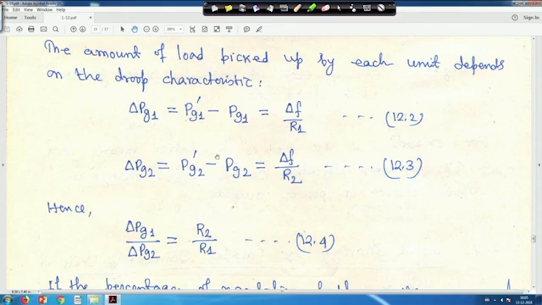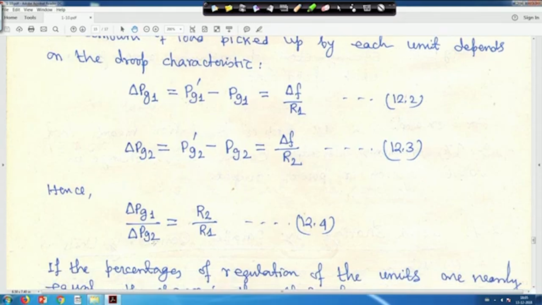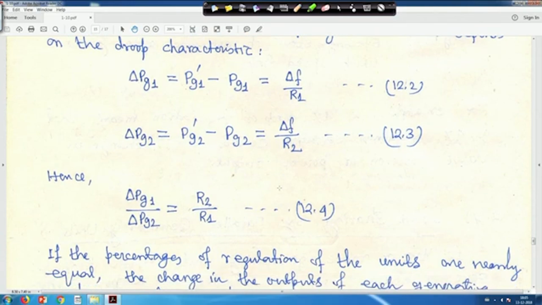Now, if you divide equation 2 by 3, then you will get delta Pg1 upon delta Pg2 is equal to R2 by R1. According to this ratio the power will be shared by the two generating units. But if R1 is equal to R2, if their droop characteristics are the same, then delta Pg1 will be equal to delta Pg2, right.